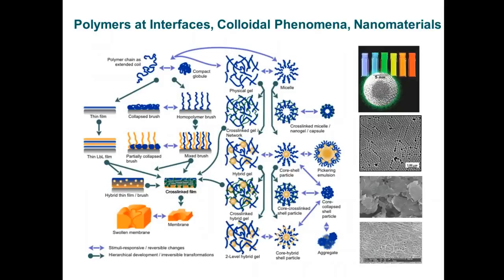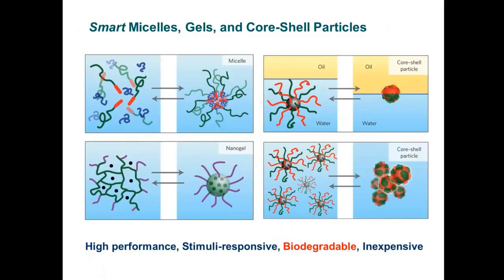Polymers or oligomers can be used as defoamers, demulsifiers, or even emulsifiers, the other way around. And they are, of course, a component of smart coatings as shown here. So polymers are an integral part of what we call smart materials, or stimuli-responsive materials that could be of high use to the oil and gas industry.